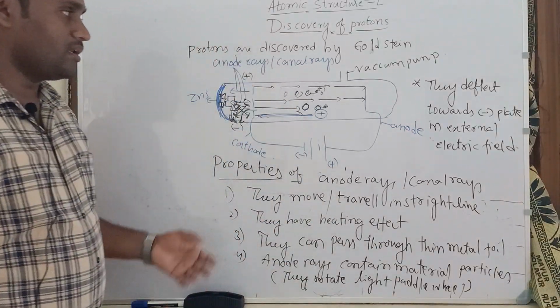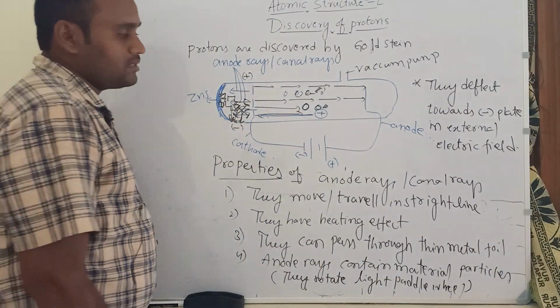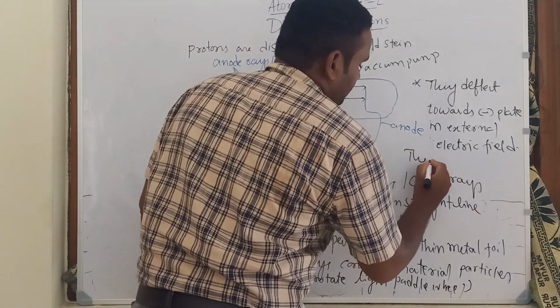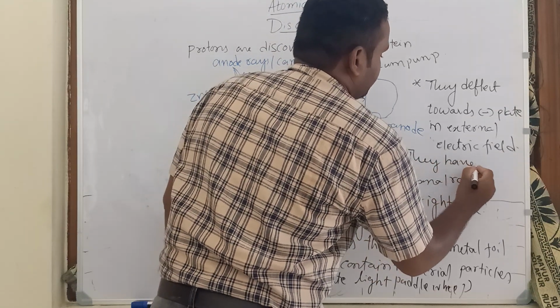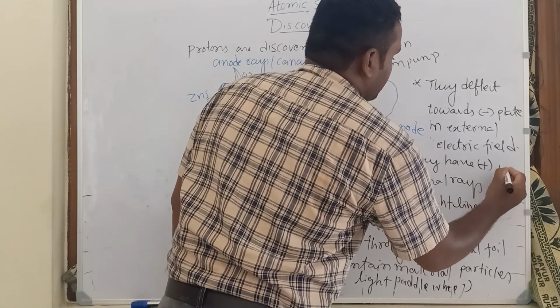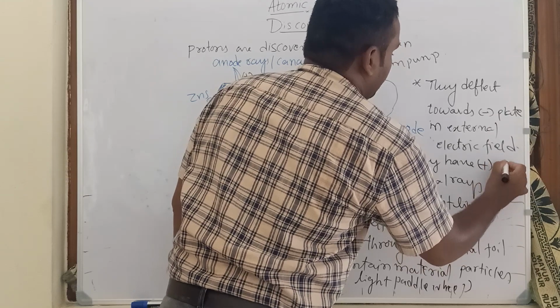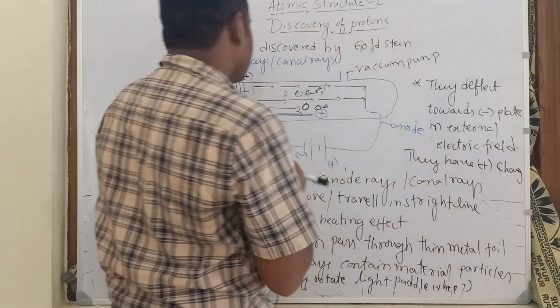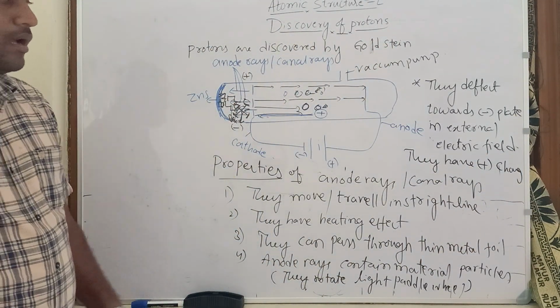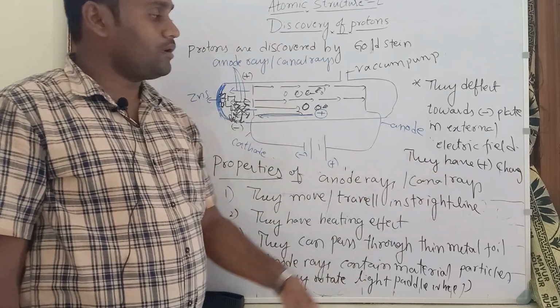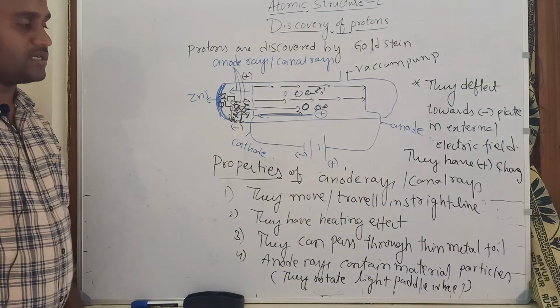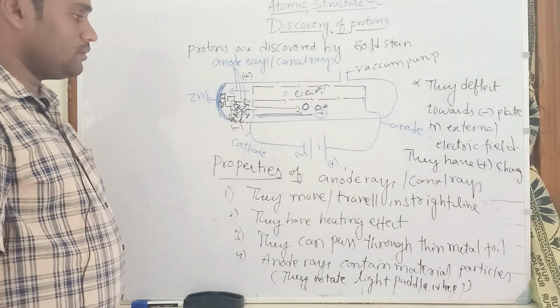Hence we can say that they have a positive charge. They have what? Positive charge. Why? Because they are deflecting towards the negative plate. So they are positively charged particles.